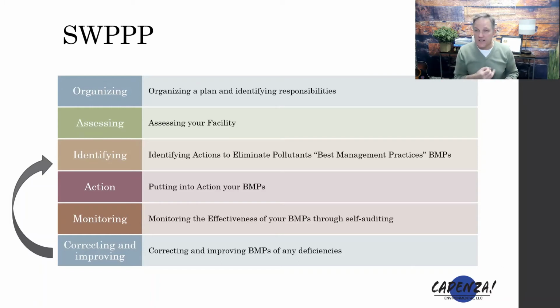The next thing is assessing your actual facility, assessing where stormwater pollution can be created and mapping that out, for example. Identifying actions to eliminate pollutants. Again, these best management practices. Putting into action the best management practices, some of the physical things that can be put in place. Monitoring the effectiveness of your BMPs through self-auditing, and then correcting and improving these best management practices and any deficiencies that are found.